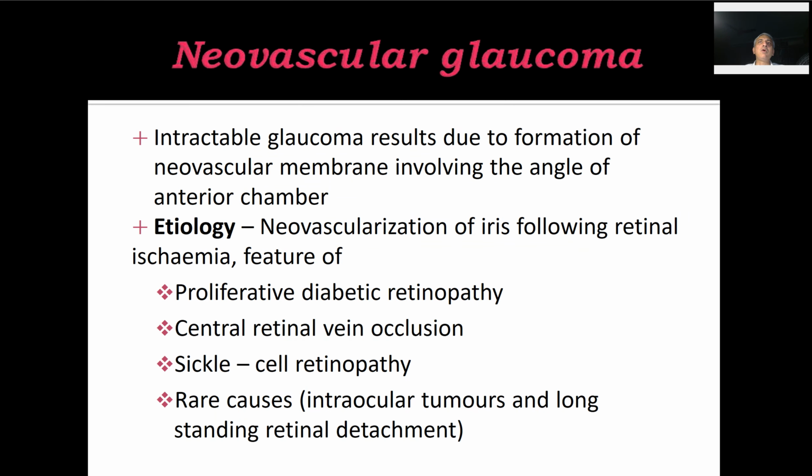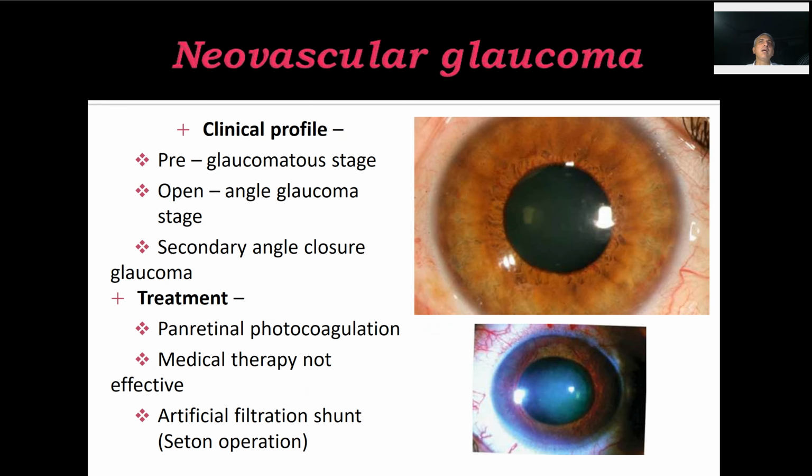Then we move on to neovascular glaucoma. It's an intractable glaucoma that results from formation of a neovascular membrane involving the angle of the anterior chamber. Usually it has a grave prognosis because the neovascularization is also affecting the posterior segment, because the neovascularization of the iris follows retinal ischemia, usually seen due to proliferative diabetic retinopathy, central retinal vein occlusion, sickle cell retinopathy, or rare causes such as tumors and long-standing retinal detachment.